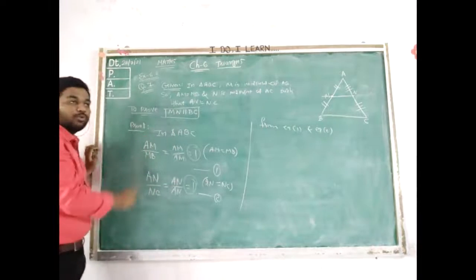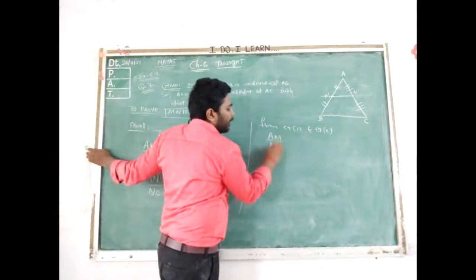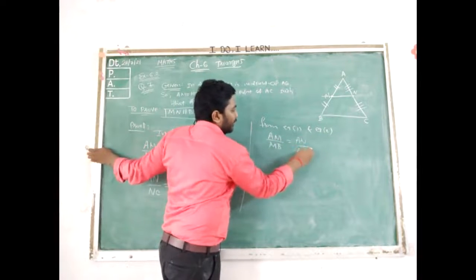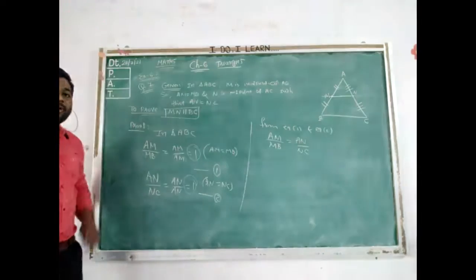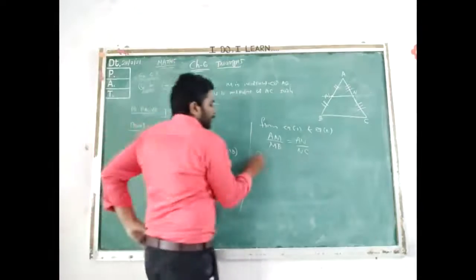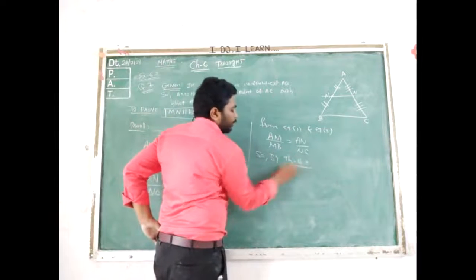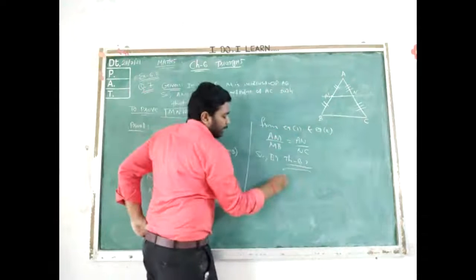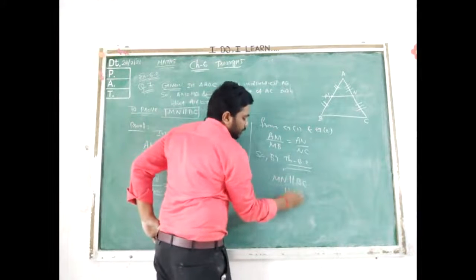So I can compare the left hand sides. That means I can write AM upon MB is equal to AN upon NC. So by theorem 6.2, we can write these two are parallel. So we can write MN is parallel to BC.